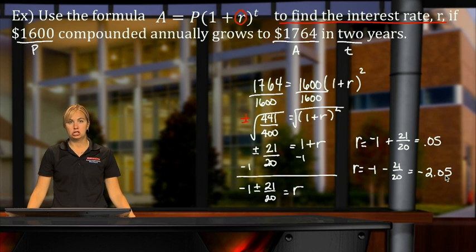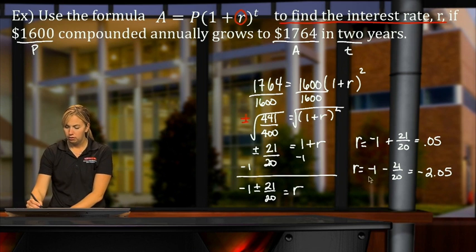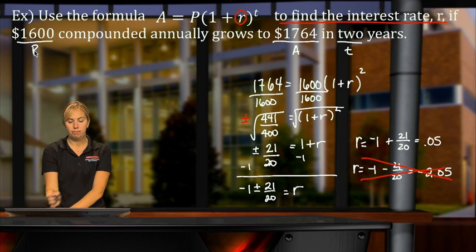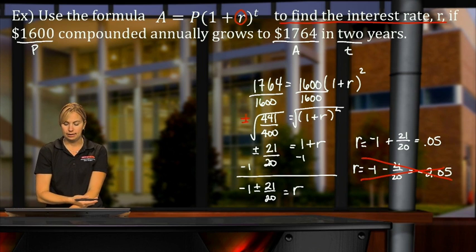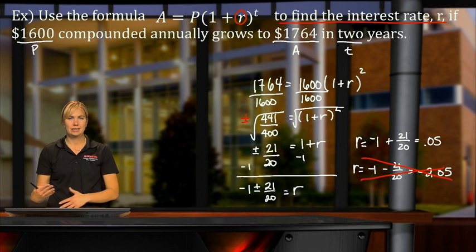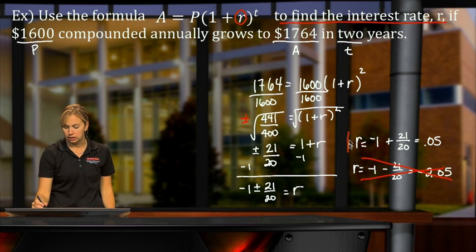Which of these values do you think is inappropriate? Probably the negative. First, we see that our principal is growing, so a negative interest rate doesn't seem to make any sense. Second, if you have an interest rate greater than 1, that's talking about like a 200% increase, and that's not reasonable either. So we found that our answer is the 0.05.